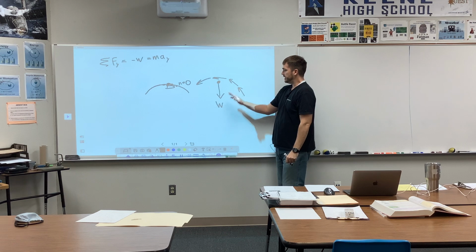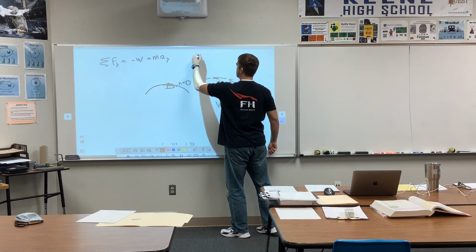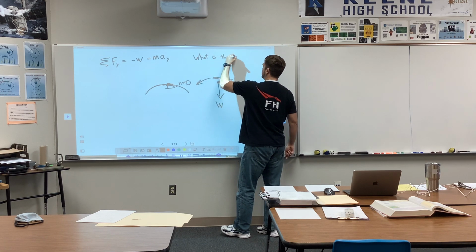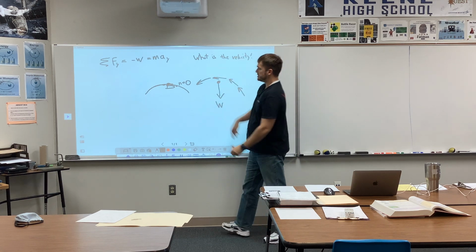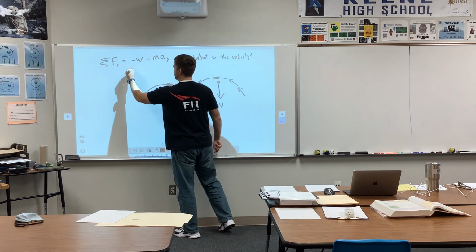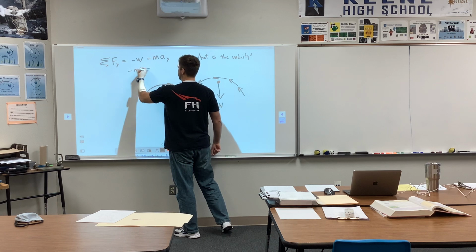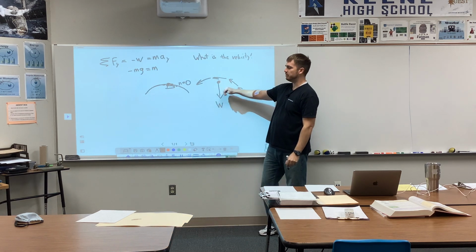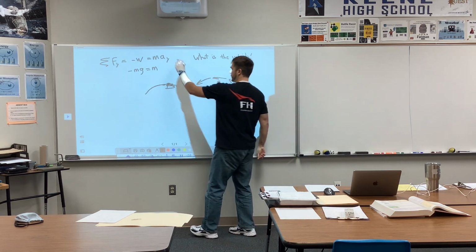What we're interested in is, what is the velocity at that moment? So we'll take this equation and start filling out a couple things. First off, we know that the weight is the mass times gravity. And the acceleration, which you are feeling, is the centripetal acceleration. We had a formula for that.